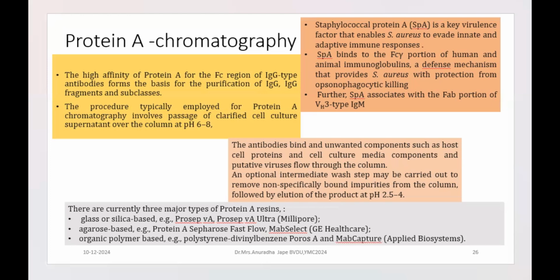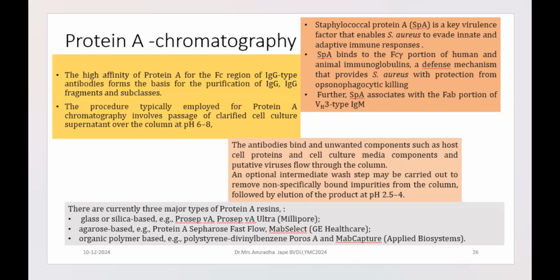But the concern here is when you are going to elute the column, the antibody is of your interest, or maybe monoclonal antibodies of your interest, which have a lot of therapeutic value and a lot of demand in the market, are to be produced in large quantities.